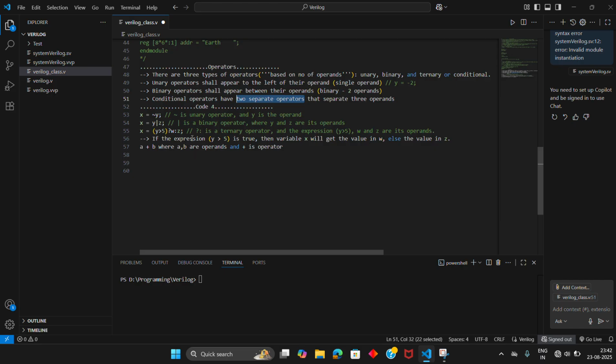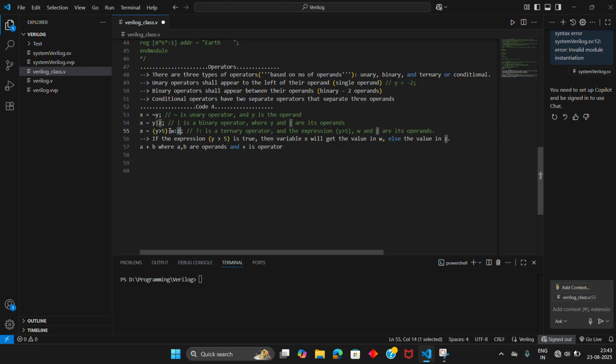In this example, the question mark and colon are the two operators used in the ternary or conditional operator. We have used three variables y, w, and z.